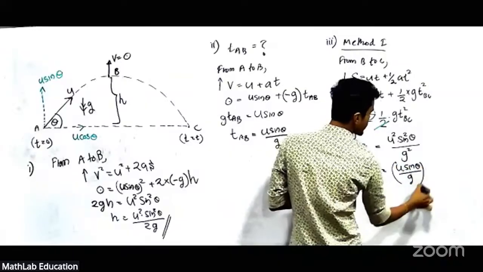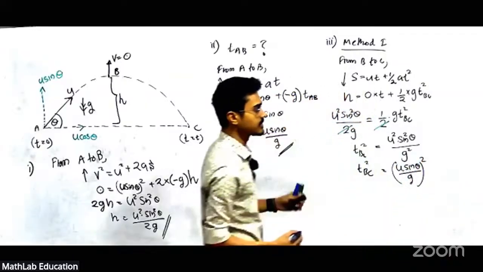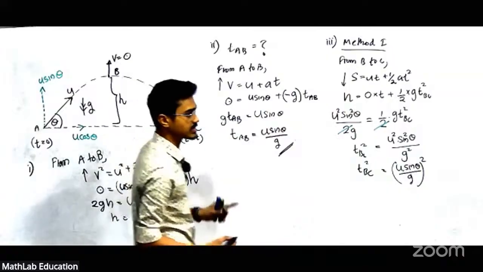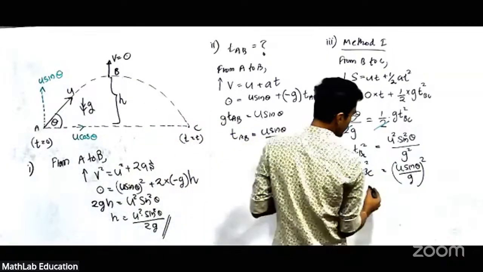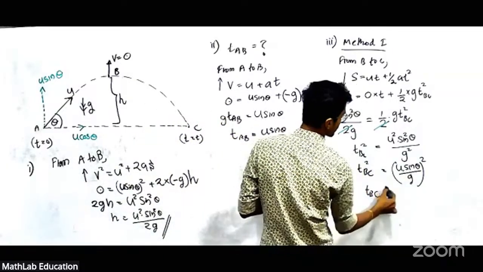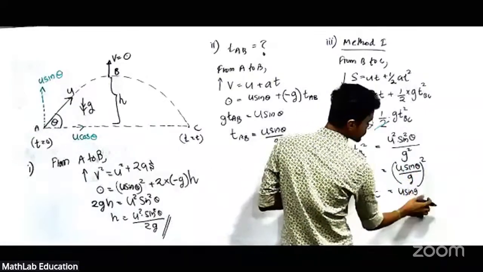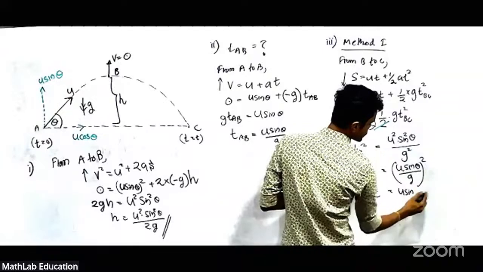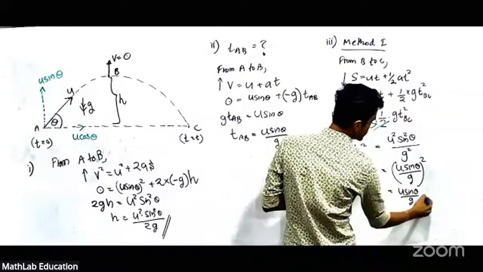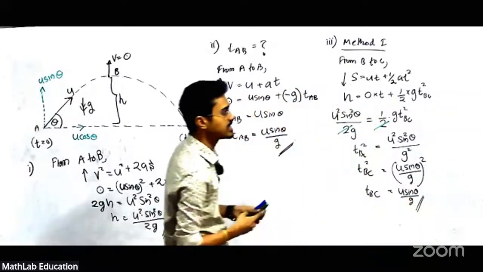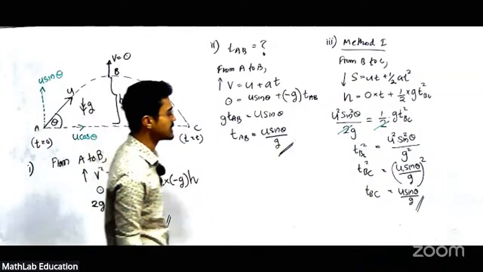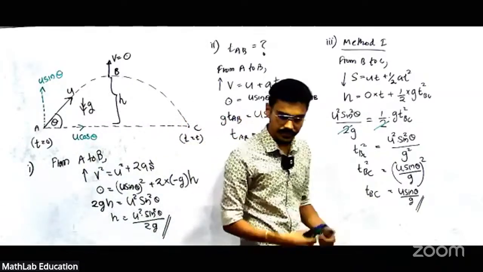This is possible for multiplications, not for additions. Now, if I need t BC, take the square root. The square root of this is u sin theta over g. Which means t BC is also known now.